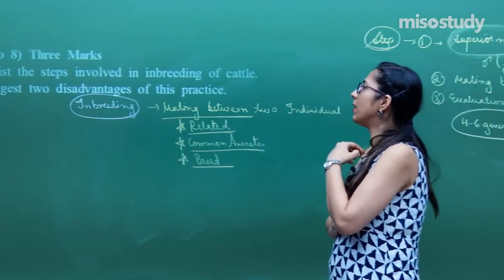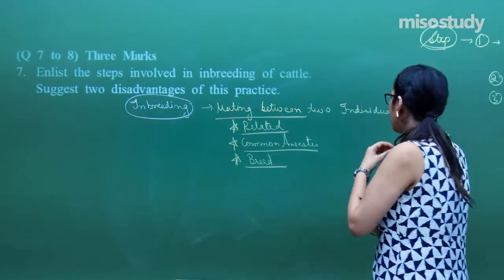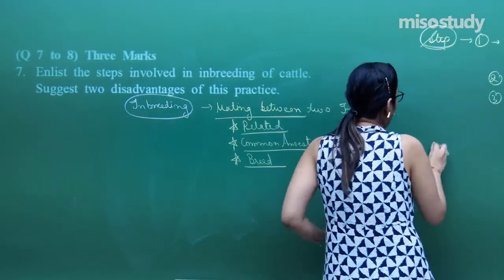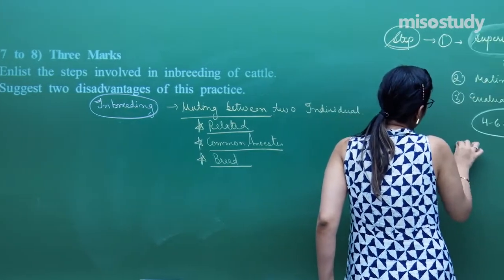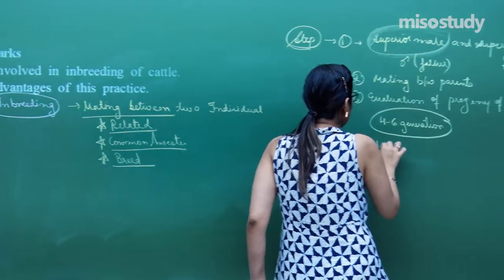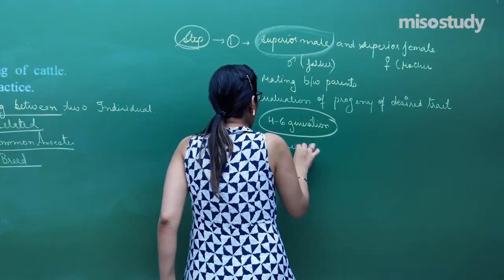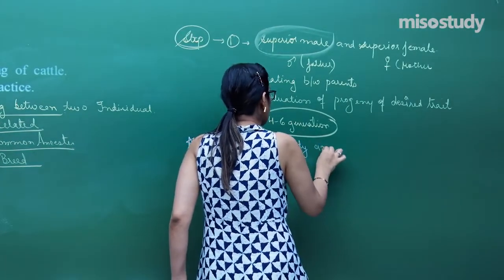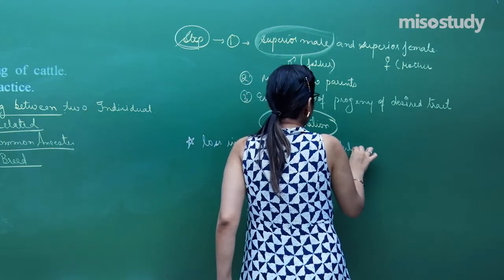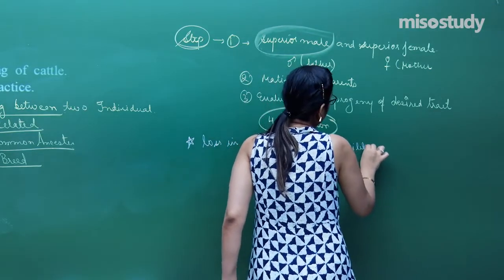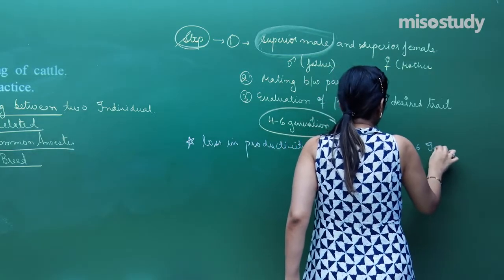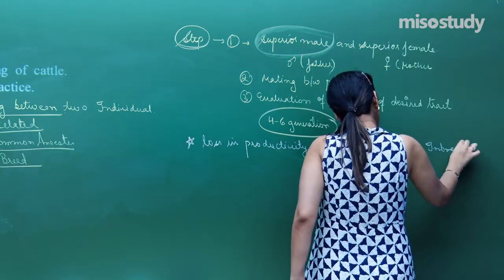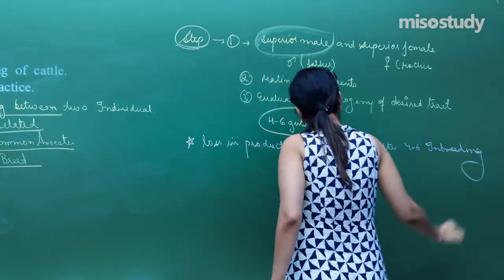Suggest 2 disadvantages of this practice. The major disadvantage is that there is a loss in productivity and fertility after 4 to 6 generations of inbreeding, right?